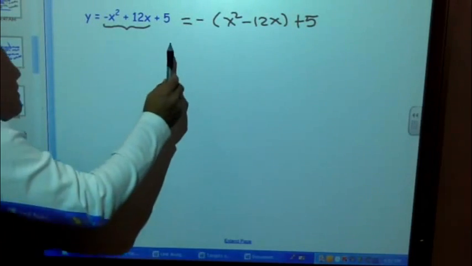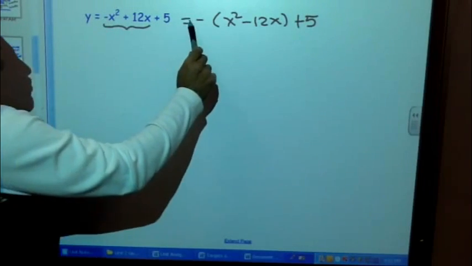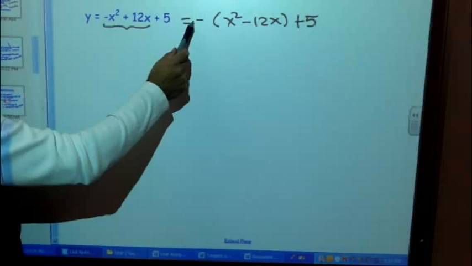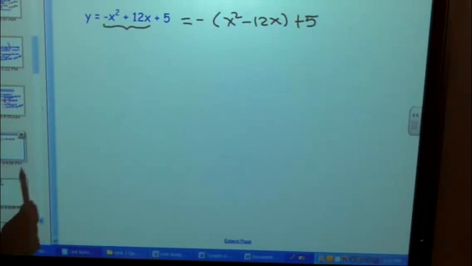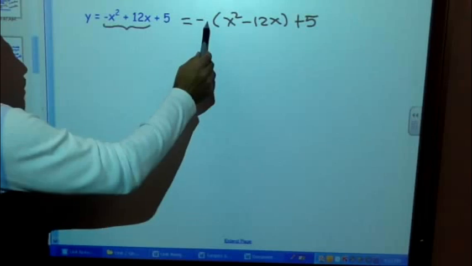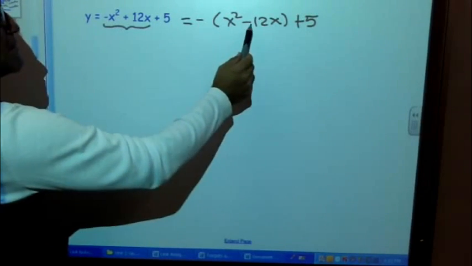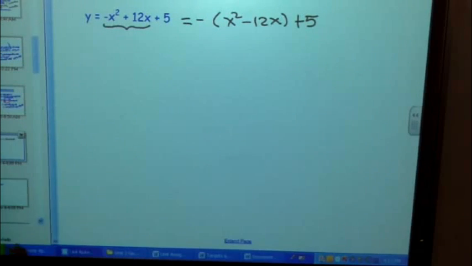What happened was this. I factored the -1, and to verify that I did it right, I can basically go back. I can say -1 times x squared gives me -x squared. -1 times -12, negative times negative is positive, 1 times 12x is 12x, plus my 5.